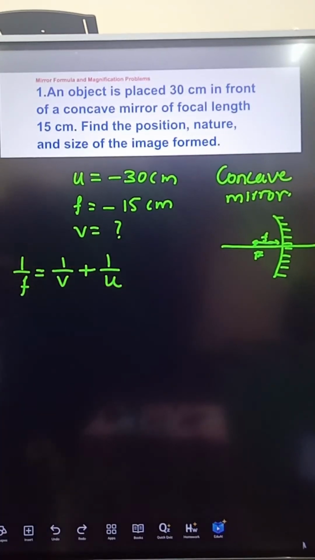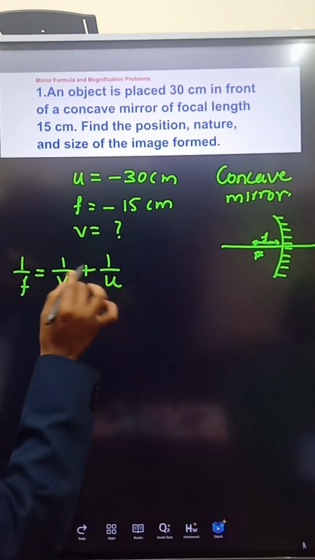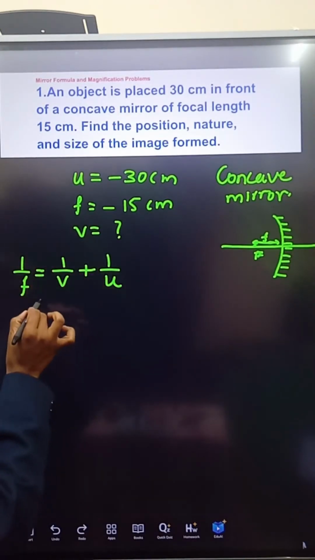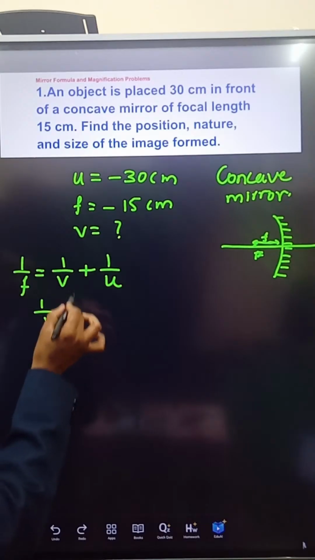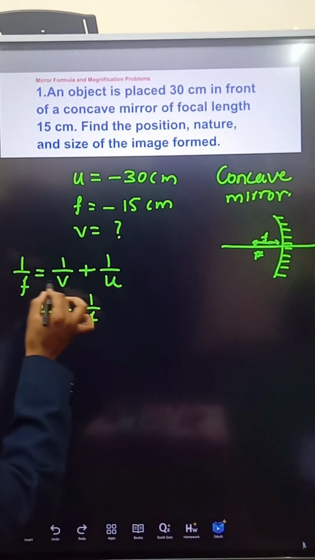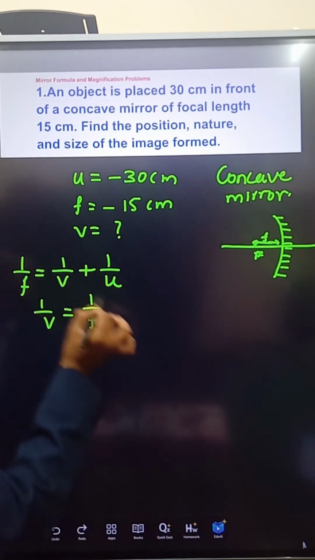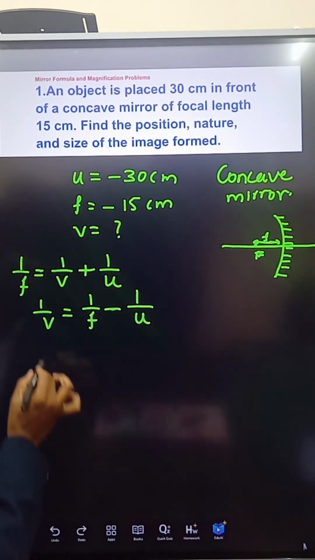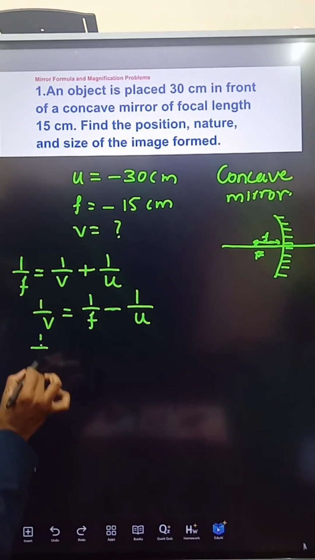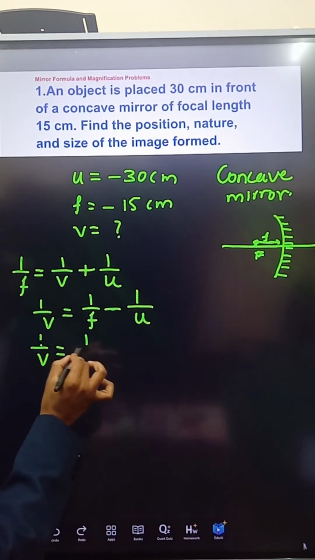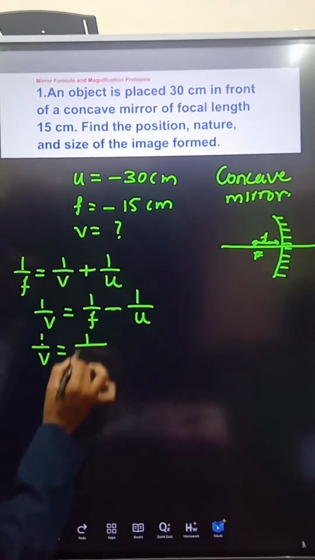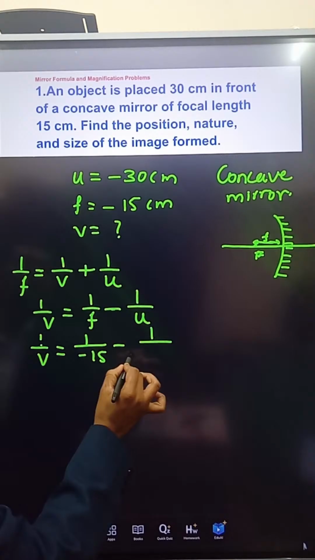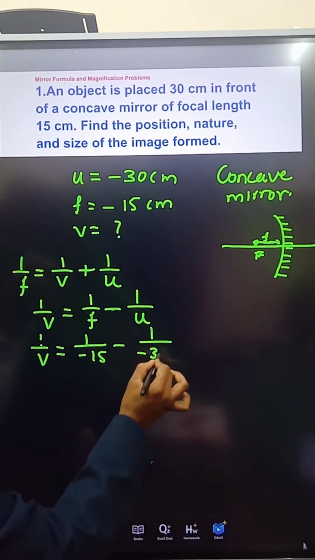You know this already, you just need to substitute the values. We don't know v, so 1 by v is equal to 1 by f minus 1 by u. Now 1 by f is minus 1 by 15 centimeter, minus 1 by u, that is minus 1 by minus 30, right?